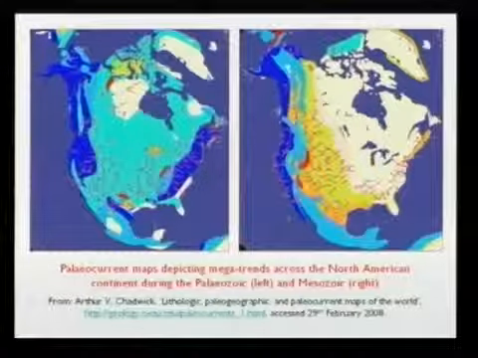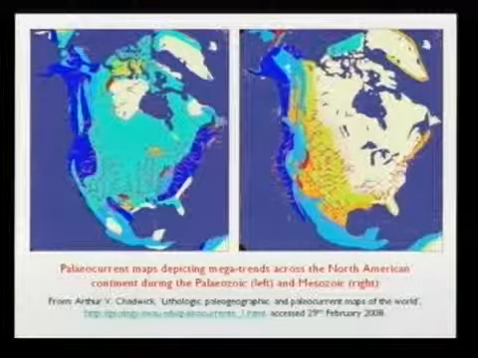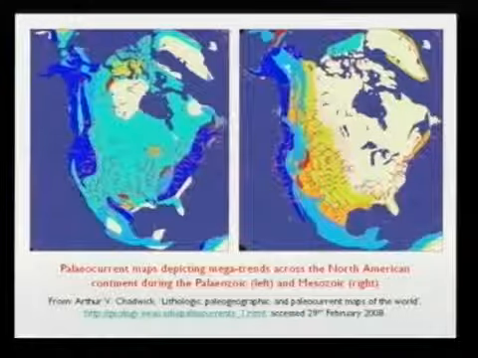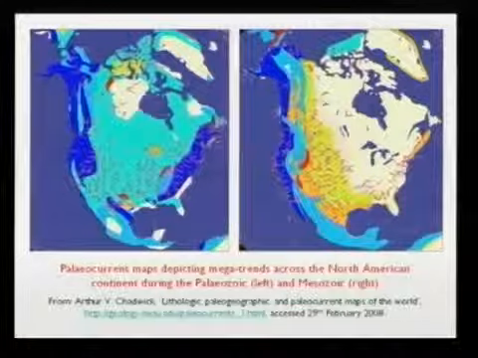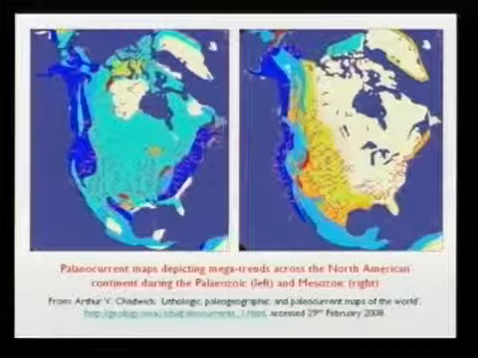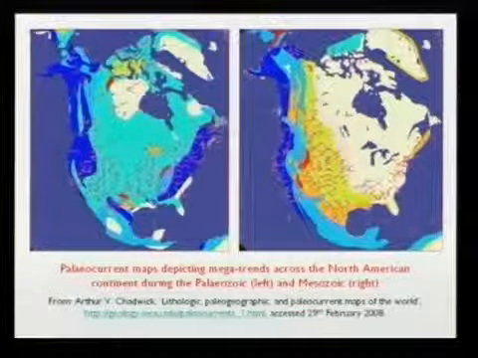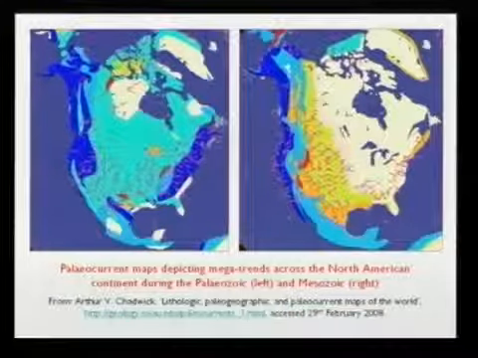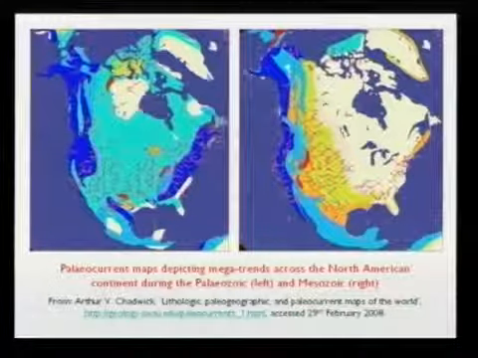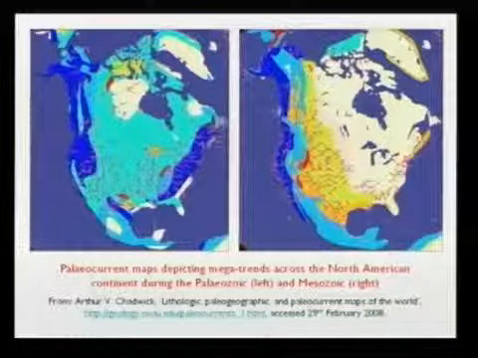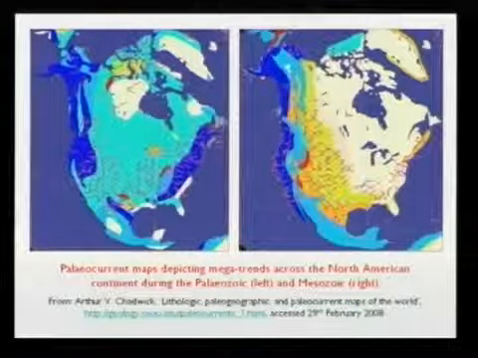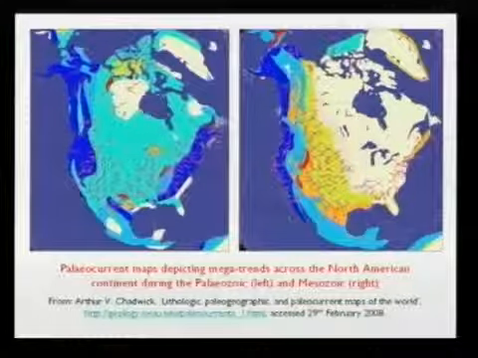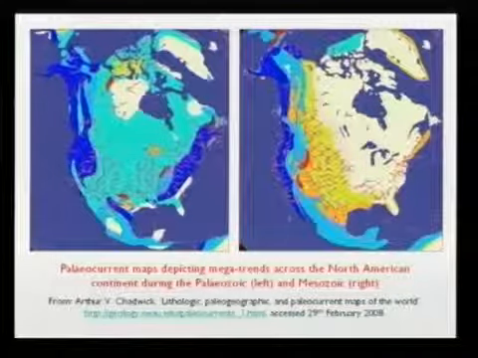He's written some papers on this. You can find those on the internet, and some of them published in the geological literature. What you see on the left here is a map of the North American continent showing the prevailing current directions during the Paleozoic. And on the right, the same continent, North America, with the prevailing current directions during the Mesozoic.